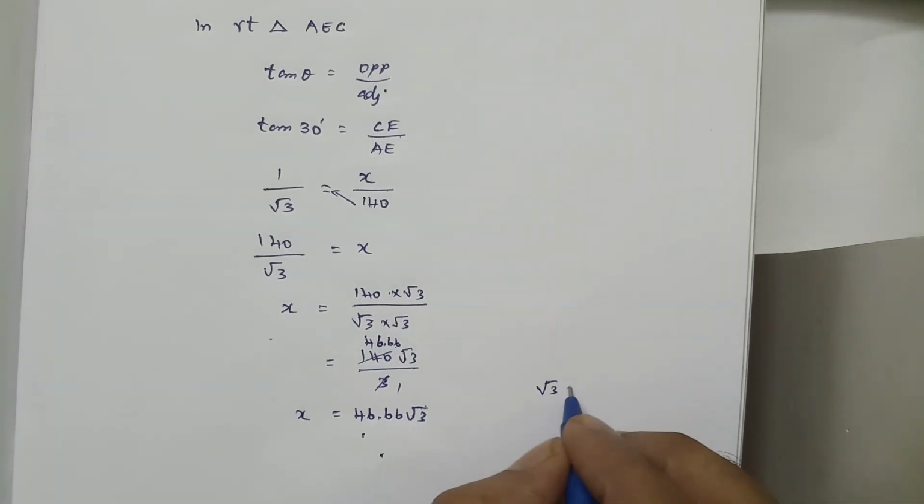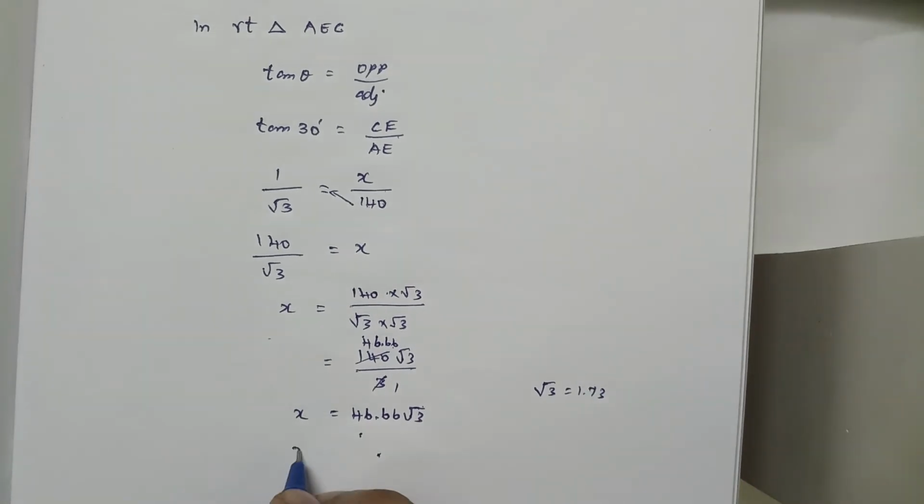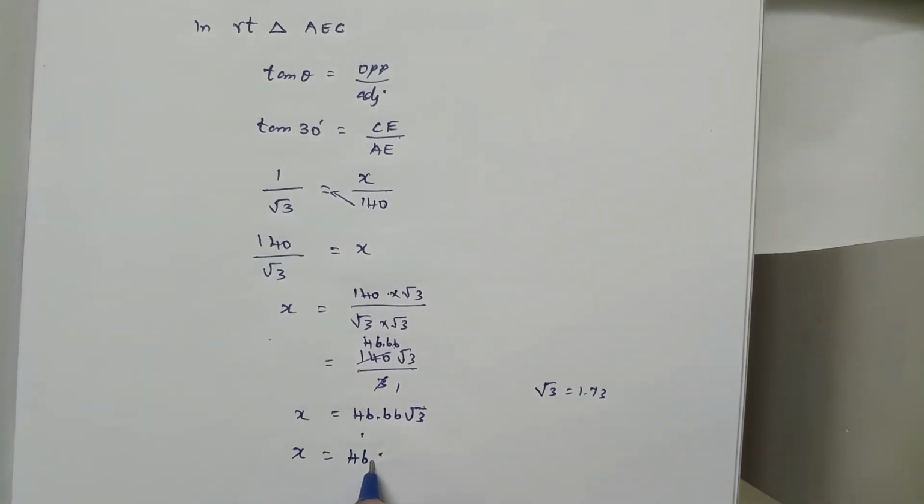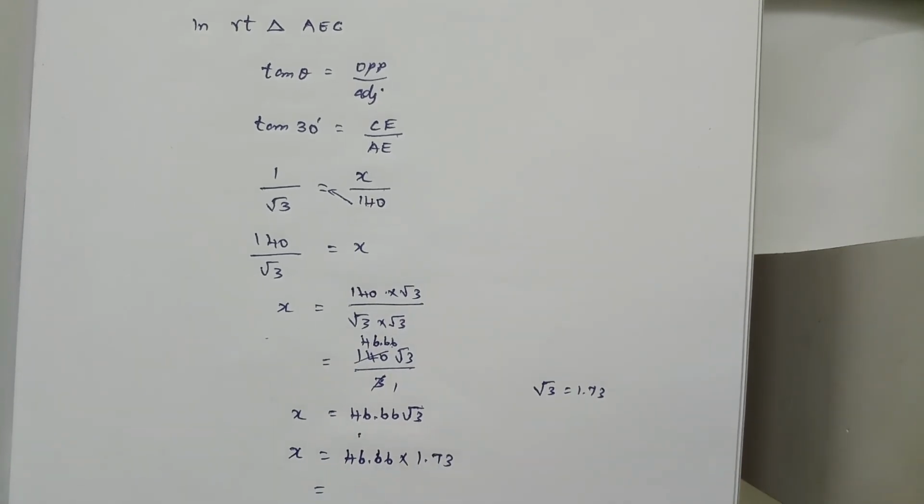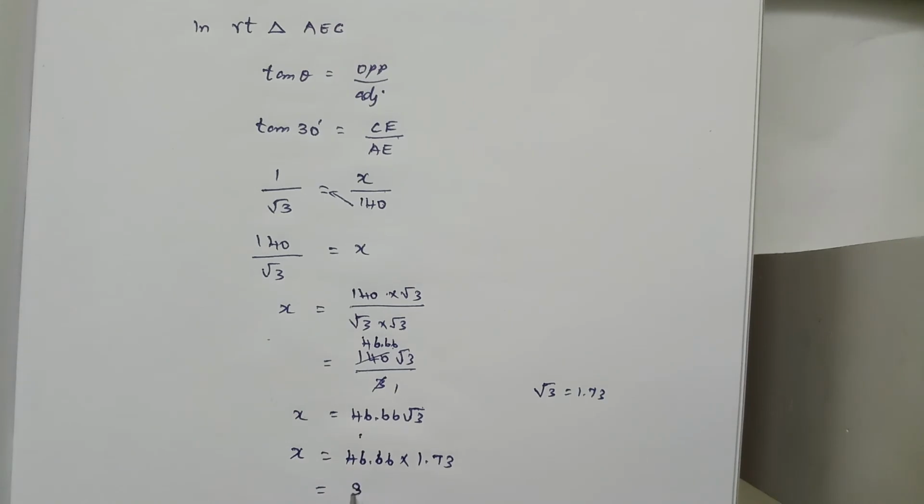So root 3 is equal to 1.73, and x is equal to 46.66 into 1.73, which is 80.83 meters.